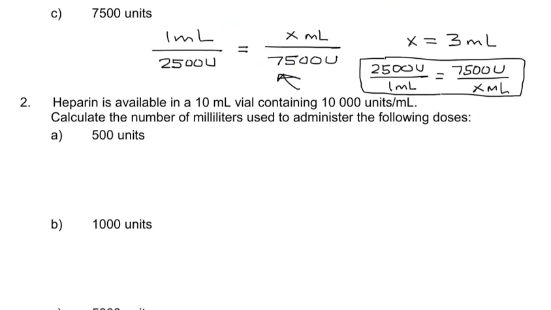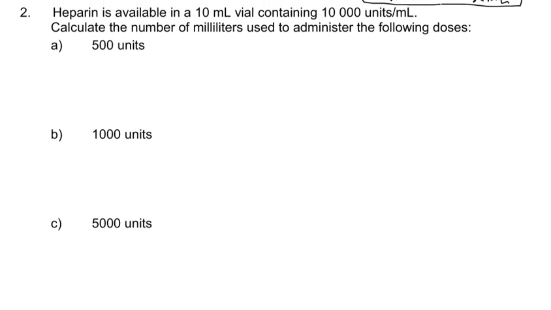Let's see what we get down here. Heparin is available in a 10 milliliter vial. Again, they give us the size of the container, which is not going to be relevant unless we're giving a really large dose. Here is the good stuff. The heparin is prepared 10,000 units per milliliter. When they say per milliliter, they mean in a single milliliter.